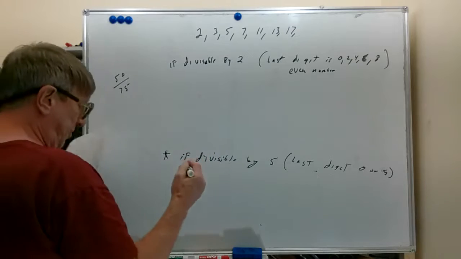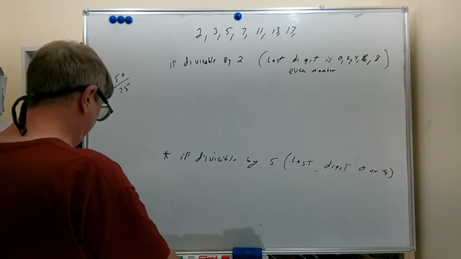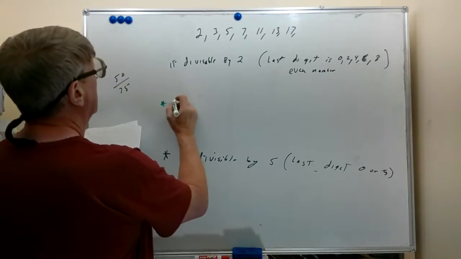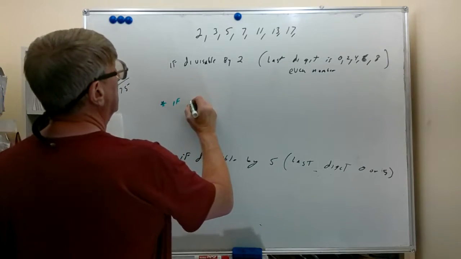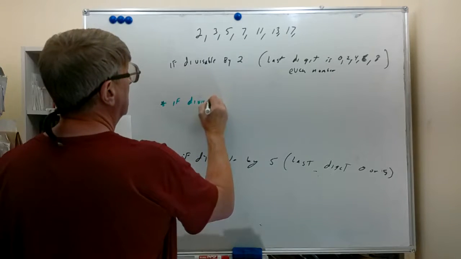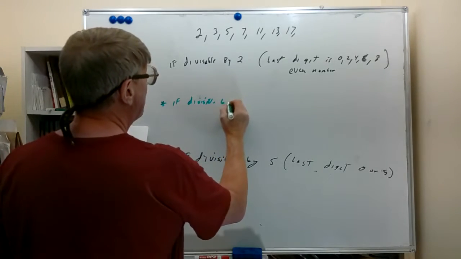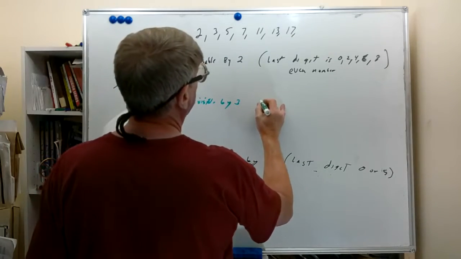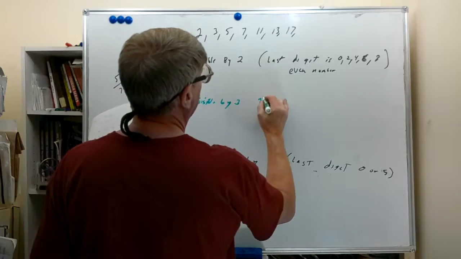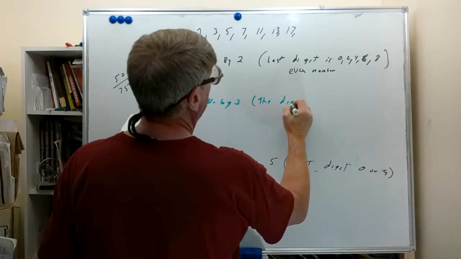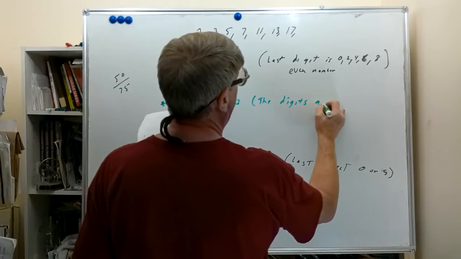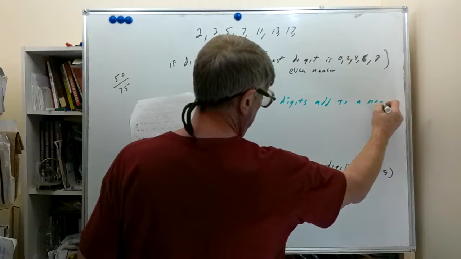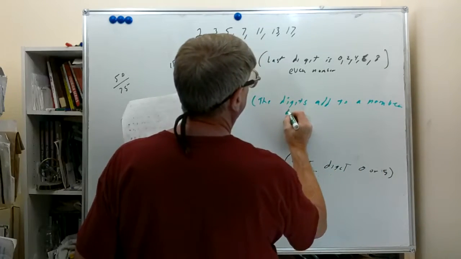Now here's the one that probably isn't as commonly known. If a number is divisible by 3, the digits add to a number divisible by 3.